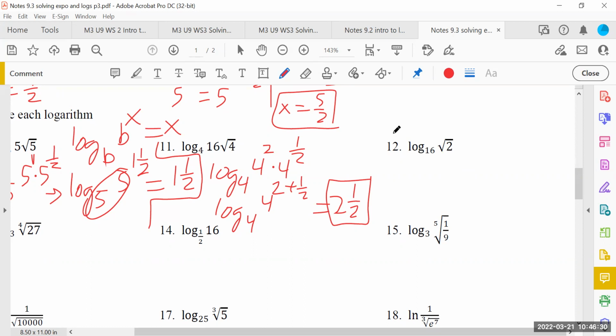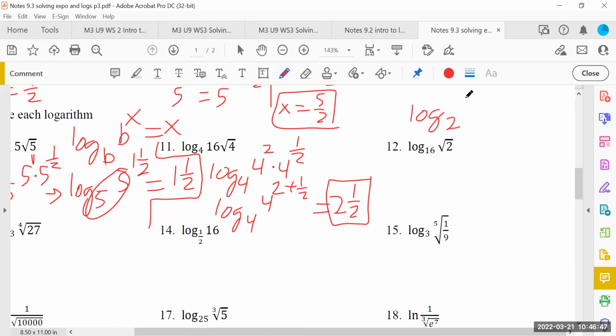All right, and 12. This is where we get into some interesting mental gymnastics. How do I make this even work? Well, remember that we talked about this. Let's start with a simpler one.